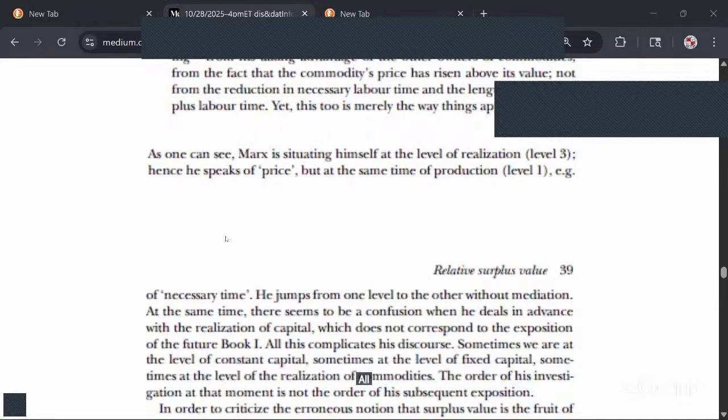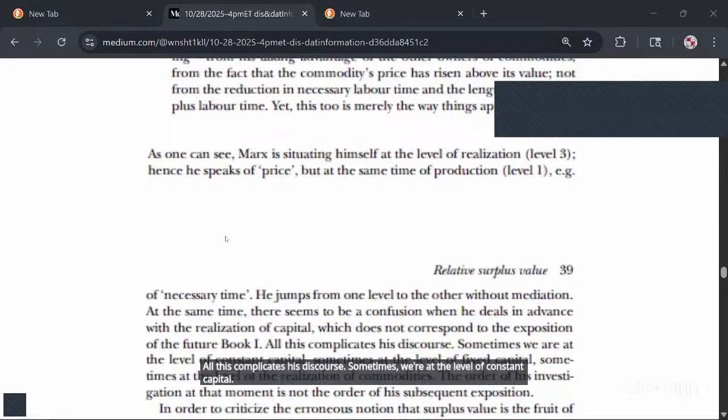All this complicates his discourse. Sometimes we're at the level of constant capital, sometimes at the level of fixed capital, sometimes at the level of the realization of commodities. The order of his investigation at that moment is not the order of his subsequent exposition.